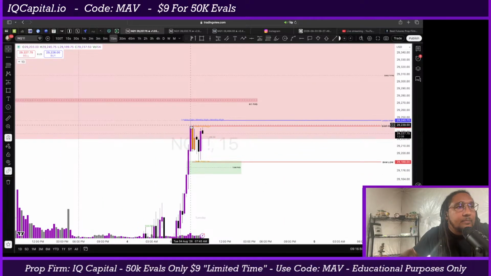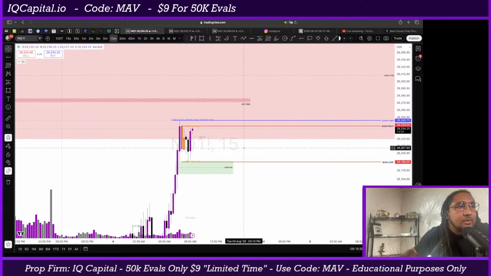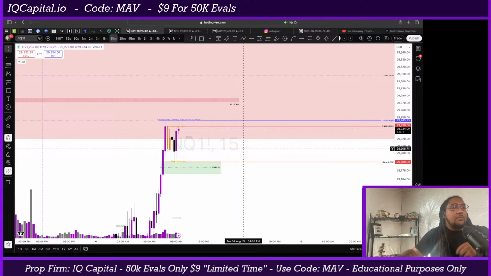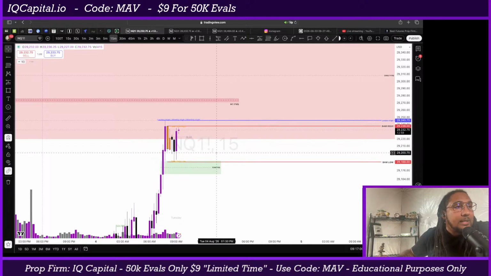We see price has been hanging around in here in the very beginnings. That tells me that buyers are very strong in this area. So ideally, what I would like to see is price come down and sweep these 80M lows, tap into this 15-minute fair value gap, and then continue higher.